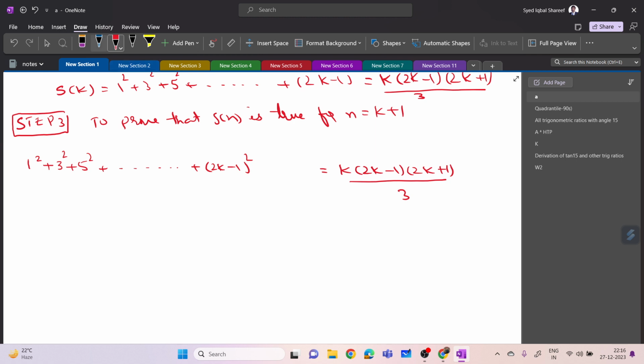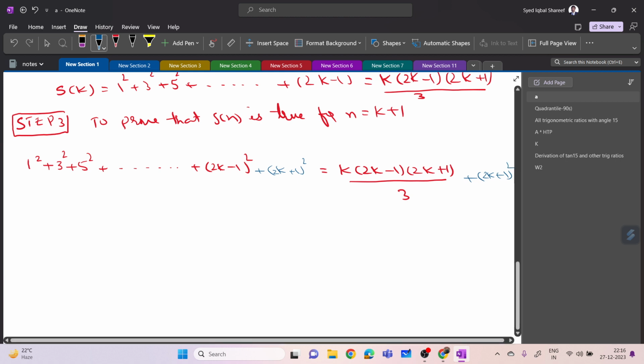What we have to do? We have to prove it is true for n equal to k plus 1. K plus 1 means the series in the form of two odd numbers, 1 square, 3 square, so the next term after 2k minus 1 will be 2k plus 1 square. Adding 2k plus 1 square on both sides.